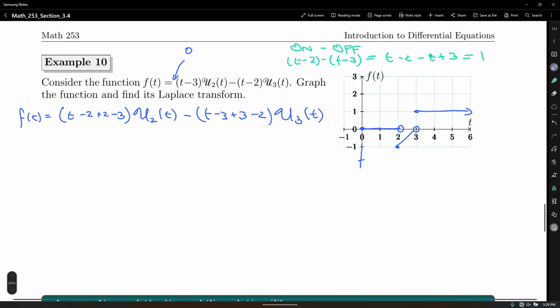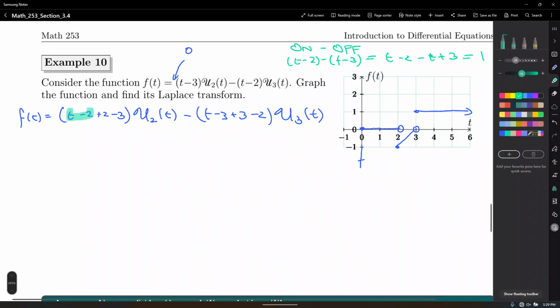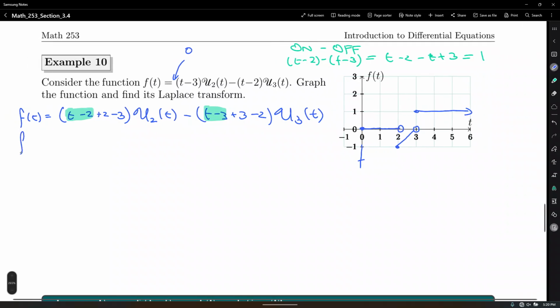Okay, so let's combine what we care about. I'm going to highlight the t minus 2 and the t minus 3, and then I will combine everything else. So f of t equals t minus 2 minus 1, u sub 2 of t, minus t minus 3, 3 minus 2, is that equal to 1, u sub 3 of t?